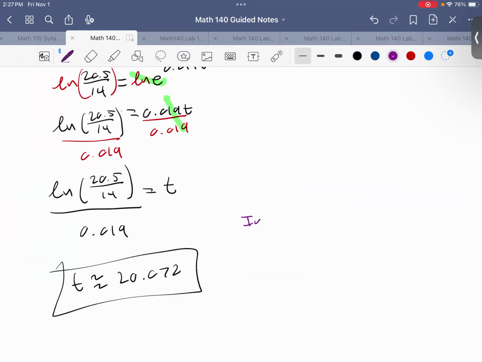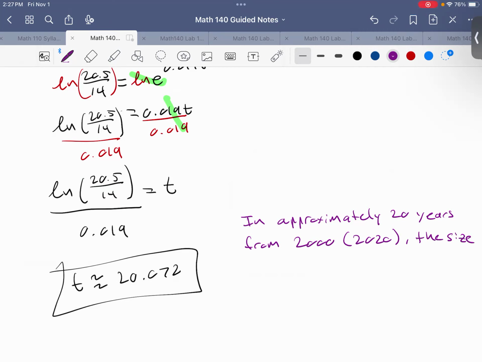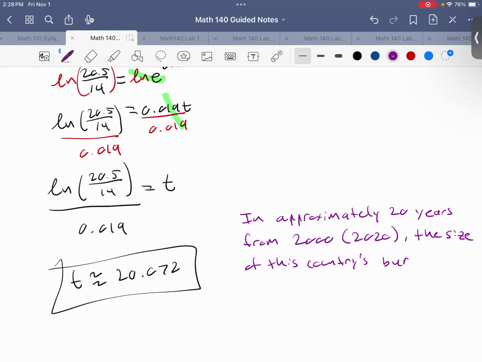That in approximately 20 years from 2000, meaning the year 2020, the size of this country's bureaucracy will be 20,500.